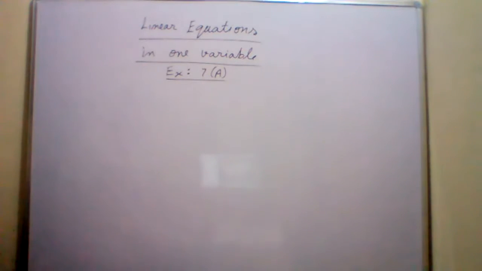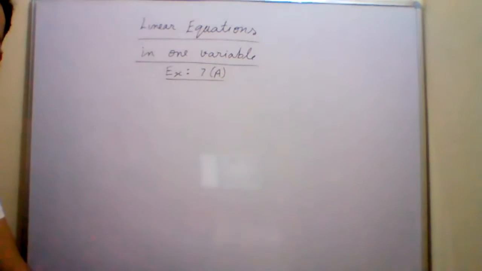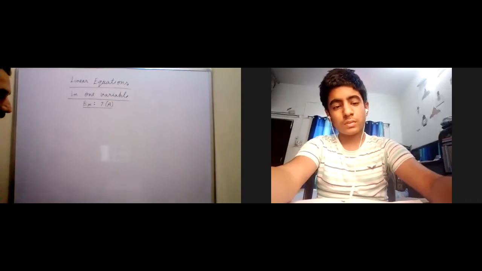Okay, understood. Now, solution of a linear equation. Let me call out the name. Alind Tandon, would you like to tell what is the solution of a linear equation? What is the meaning of solution of a linear equation?